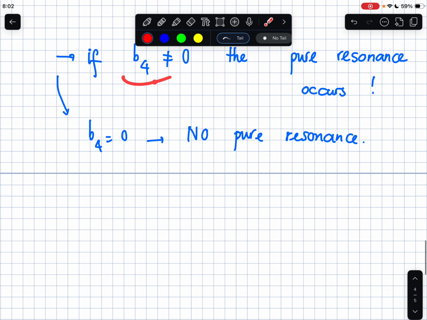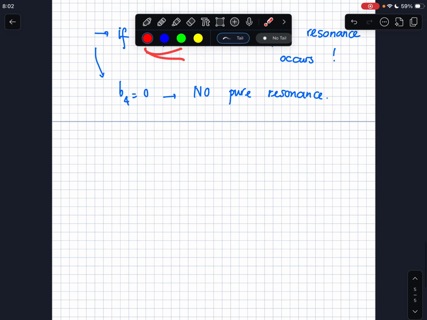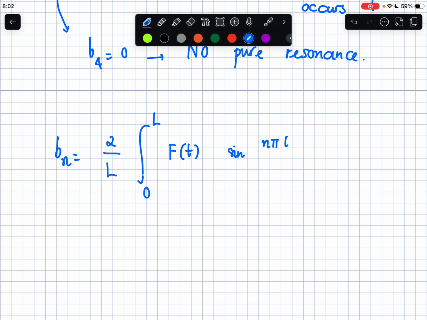Now we need to compute b_n, or b_4 in our case. b_n is the Fourier coefficient: 2 divided by L, integral from 0 to L of F(t) sin(n pi t divided by L) dt.